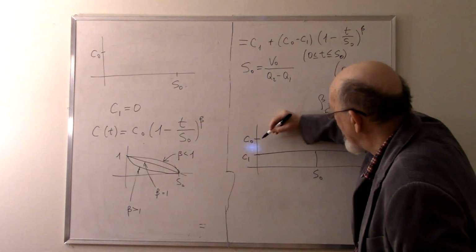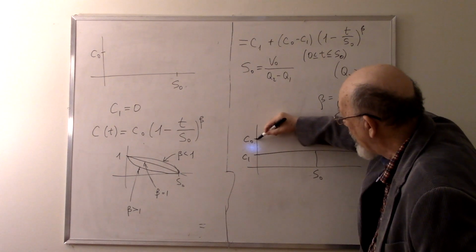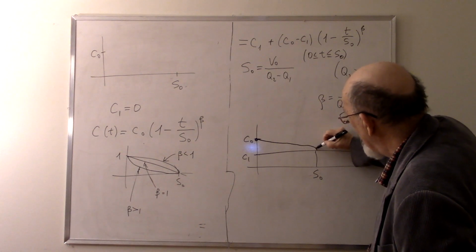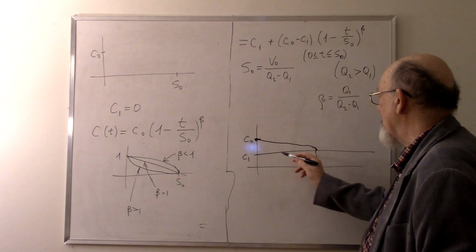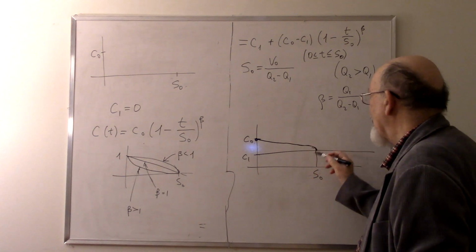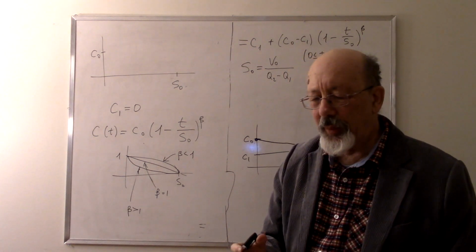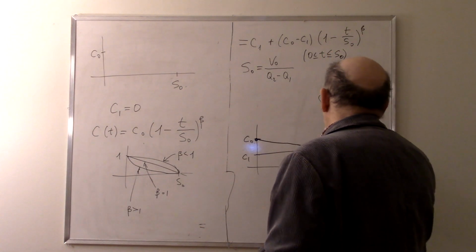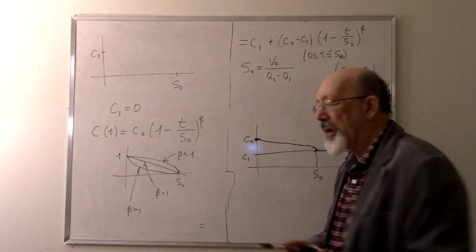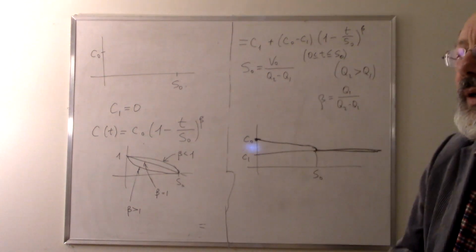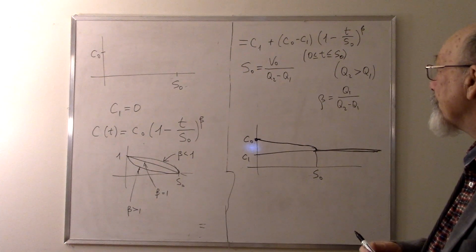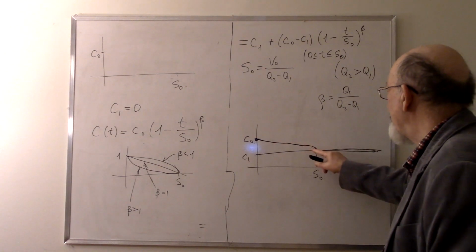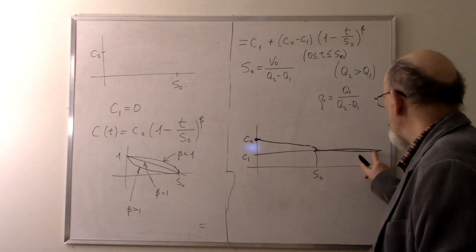We start from concentration C0, then it goes down and then reaches C1 here, like this. And then, if we did not stop this process, the outgoing solution will have all the time concentration C1. So it is this interesting solution.